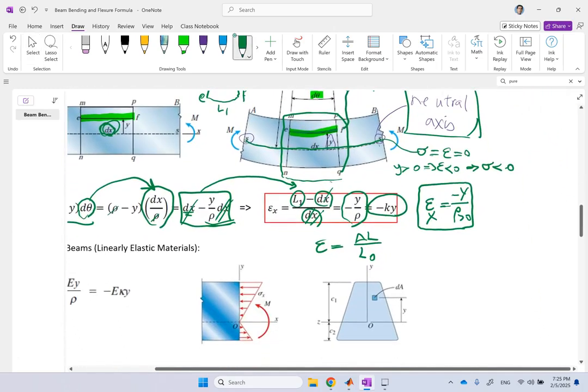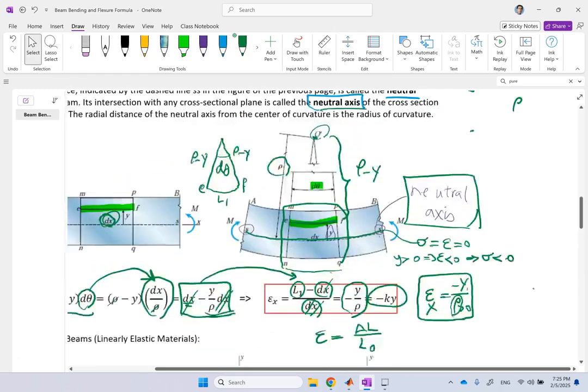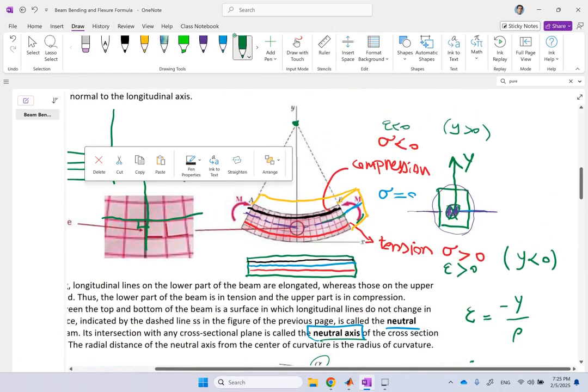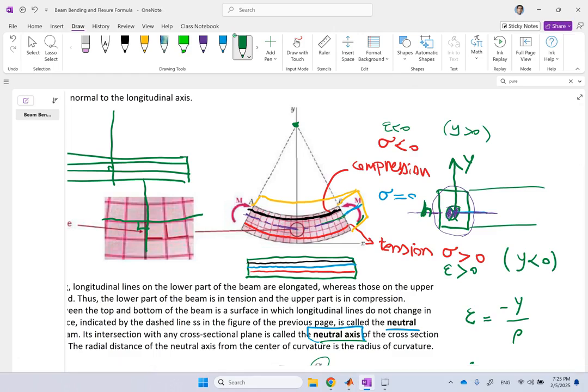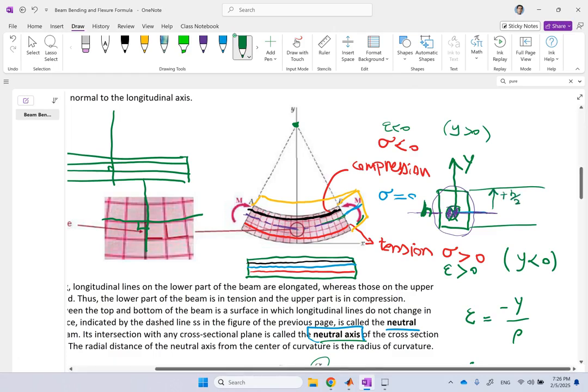And of course, since I said the rho is typically a very large number for beams, and this y can at best be from what to what? If you look at the cross section, and let's say the height of this cross section is h, correct? And this is a rectangular cross section for a moment, and the centroid is in the middle, the y can at most be plus h over 2 and what?